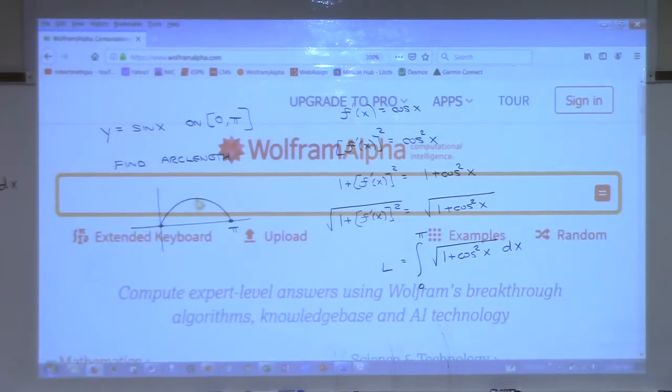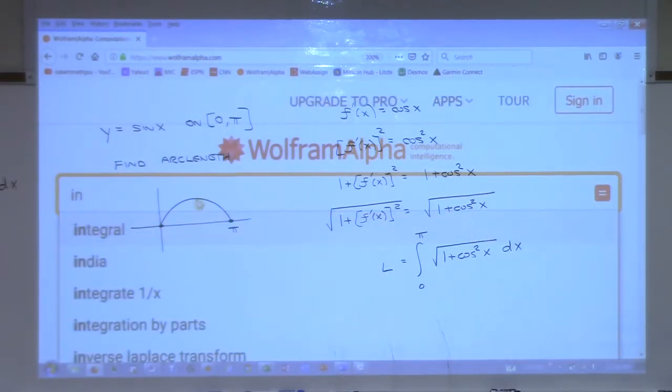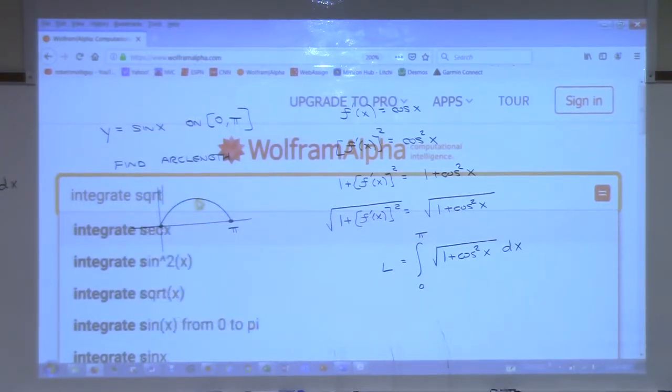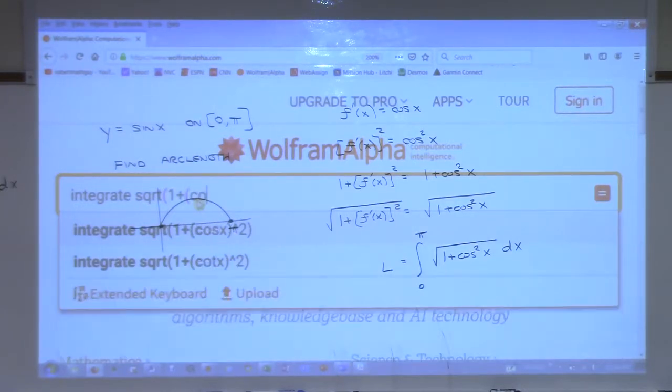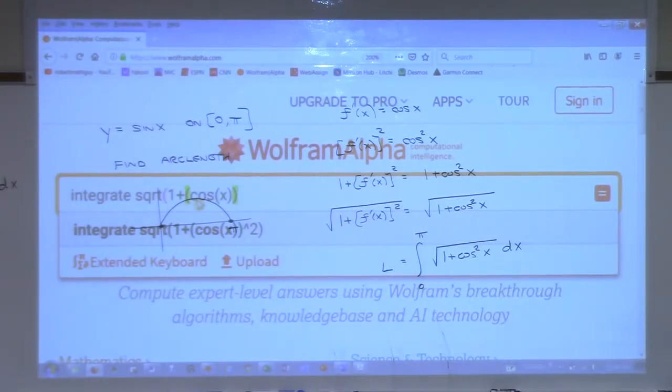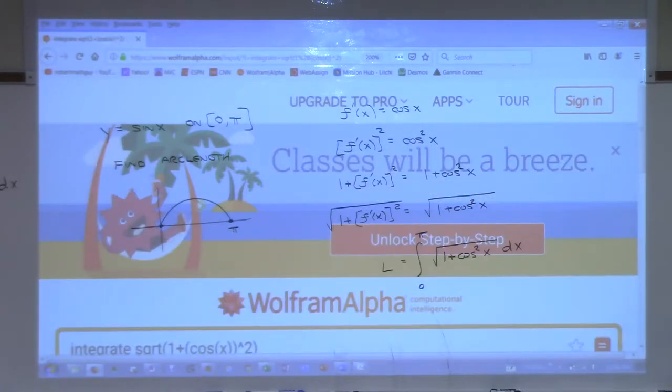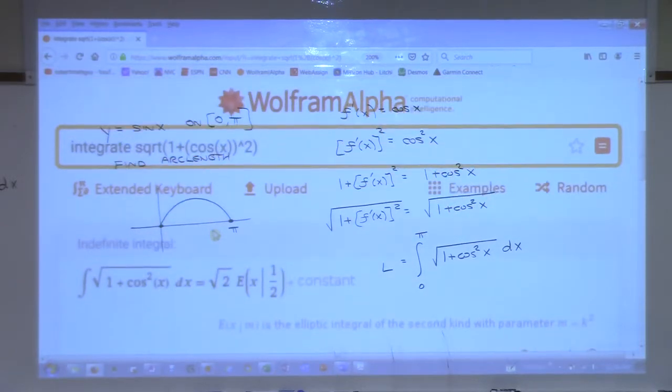I'm going to ask Wolfram Alpha to integrate the square root of 1 plus cosine x squared.